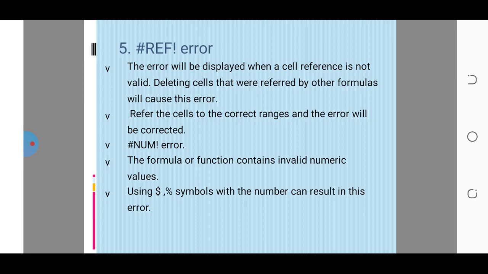So in case you delete the cells that were used in the reference, the references are no longer valid, and the error will appear. To correct this, you refer the cells to the correct ranges and the error will be corrected.